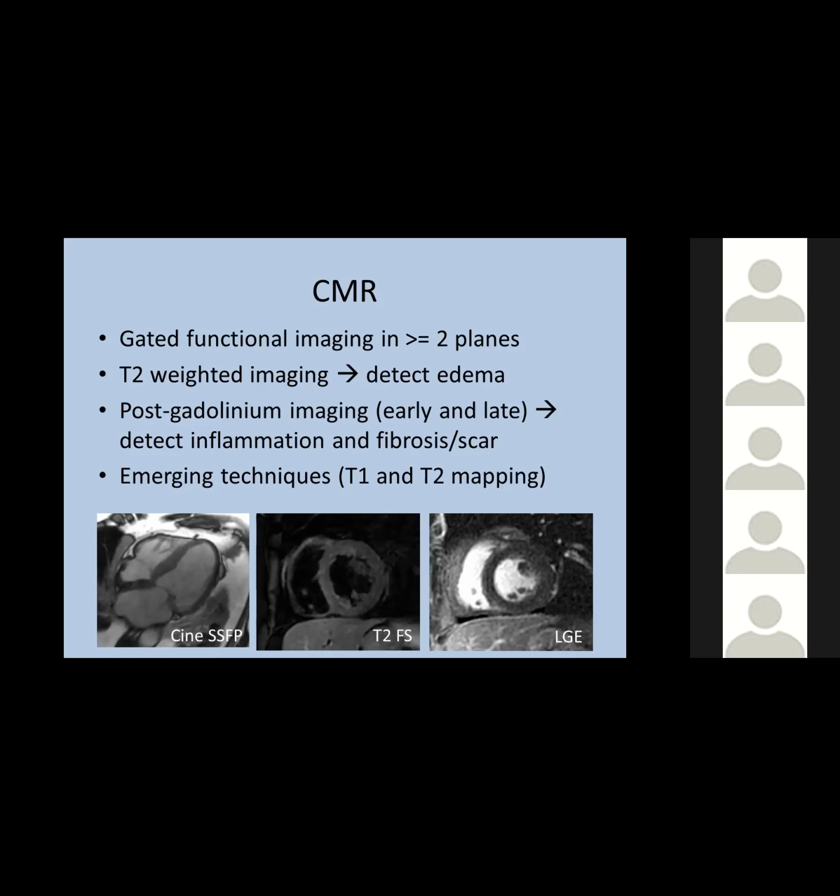And then the mainstay of sarcoid imaging is post-gadolinium, late gadolinium enhancement. And that detects both inflammation and chronic inactive fibrosis. There are also some emerging techniques that we use, namely T1 and T2 mapping. They were more of a research thing, but they're becoming more prevalent in routine practice, and we should be starting to do that here relatively soon. We're just waiting for a software upgrade.